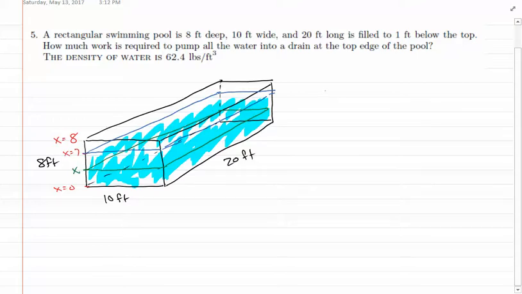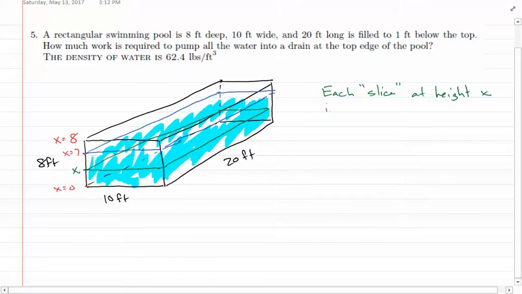Each slice at height x is rectangular, with area. What's the area? Well, it's a 10 by 20 rectangle. So 10 by 20 is 200, so it's going to be 200 square feet.